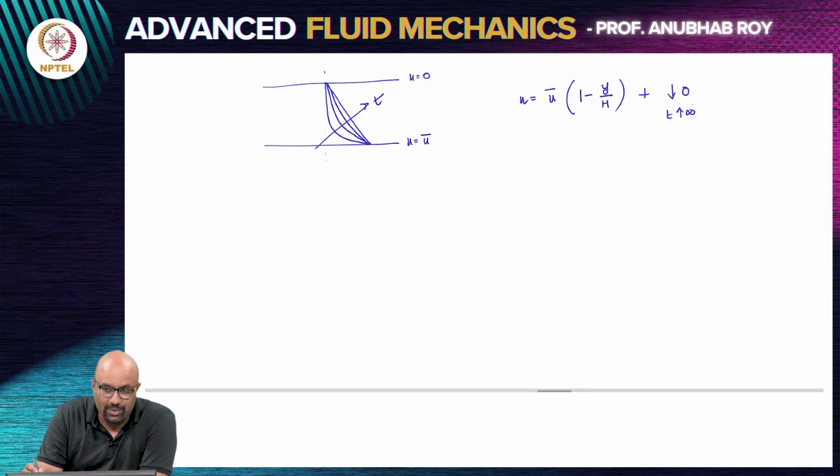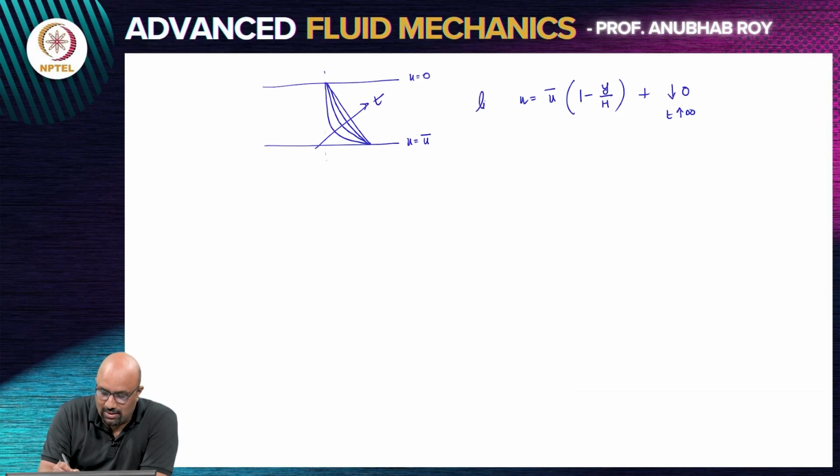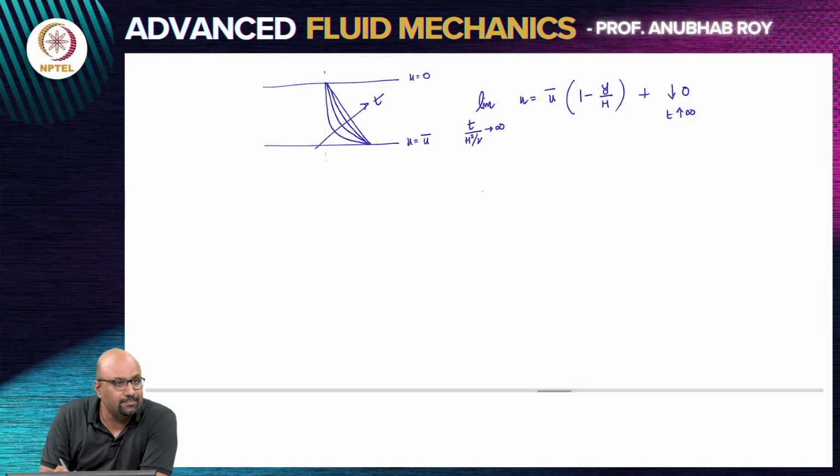But the more appropriate way of thinking of this problem is to think of the scenario where t divided by a viscous time scale, which is h square by nu, approaches infinity.